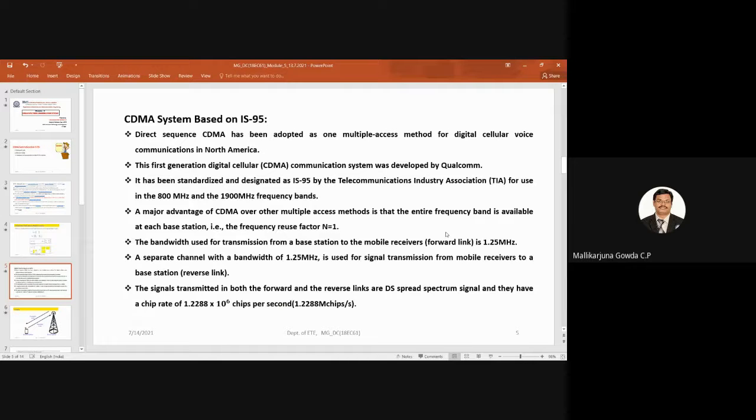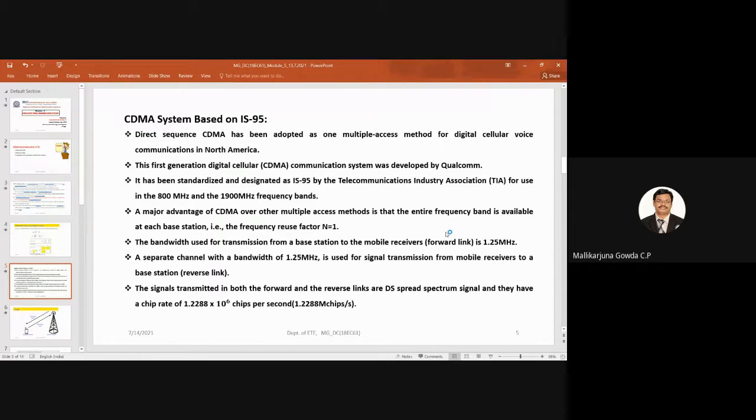Now let me be specific with your syllabus. As I said, we are now going to discuss the CDMA system based on IS-95. You all know that direct sequence CDMA has been adopted as one multiple access method for digital cellular voice communications in North America. IS-95 is basically the first generation digital cellular CDMA communication system, developed by Qualcomm.